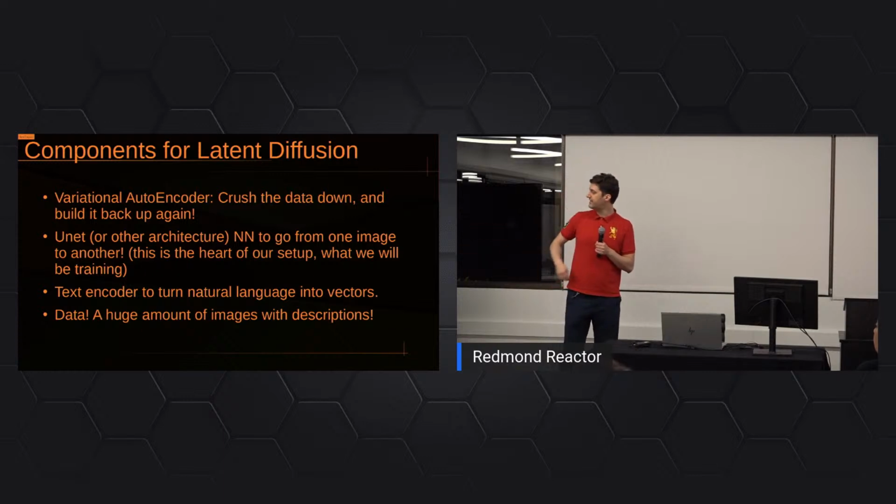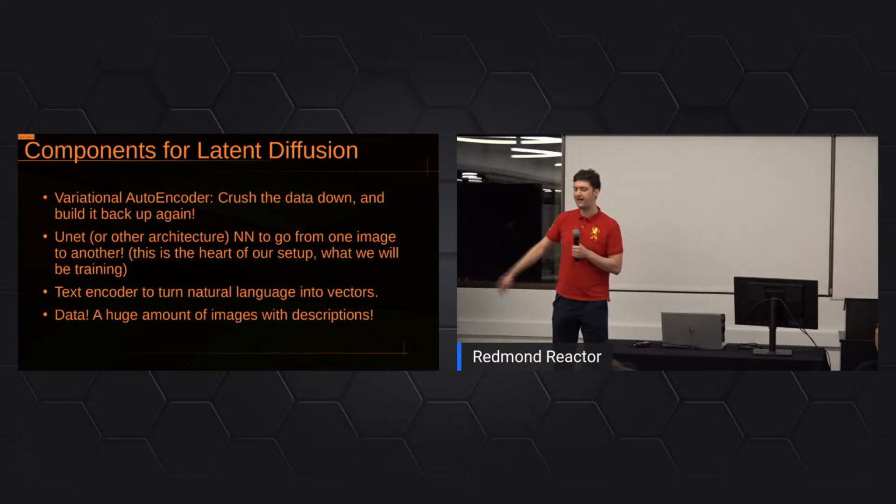And then there is the text encoder to turn the natural language into vectors, which we then condition the neural network on. And obviously the data, a huge amount of natural images with their associated labels.